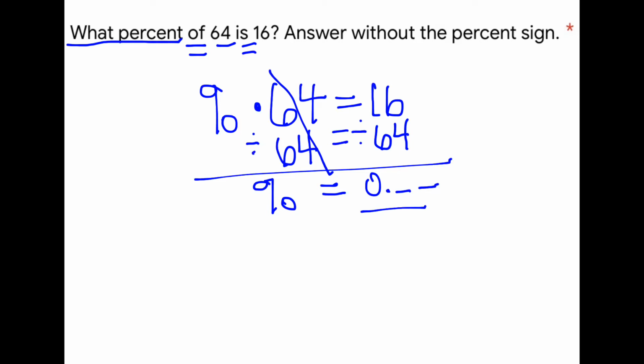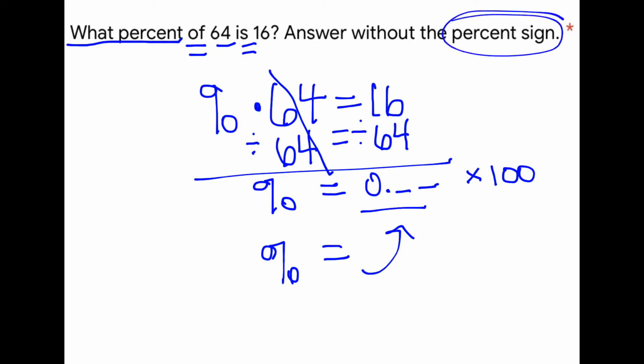So we need to take this answer. Our percent is going to equal this answer times 100, and that will give us our percent. Now, we need to answer without the percent sign, so you're only going to give me this answer right here.